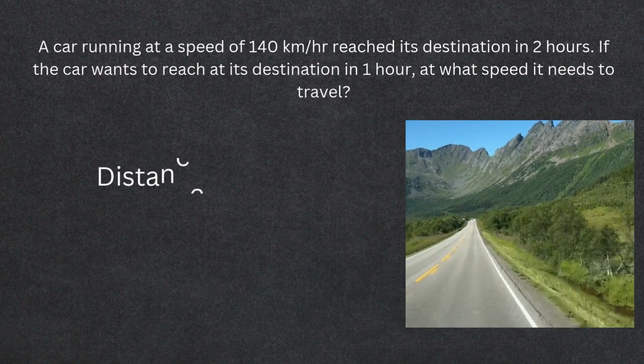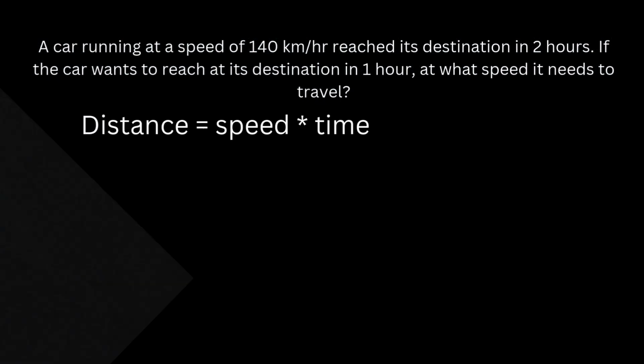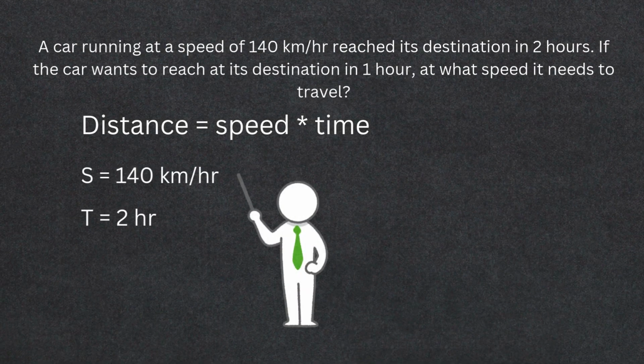Okay, we use the basic formula for distance here. As we know, distance is equal to speed into time. This formula tells us the total distance covered is equal to the speed of the car multiplied by the time taken.